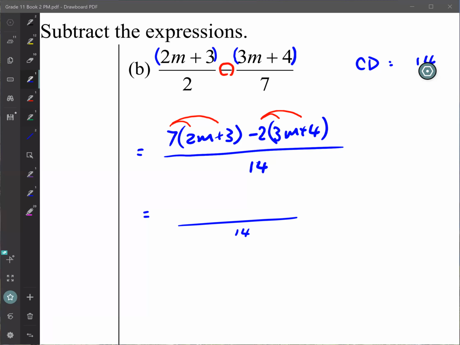Okay, should be done by now. How's everyone doing? Expand and collect the like terms.